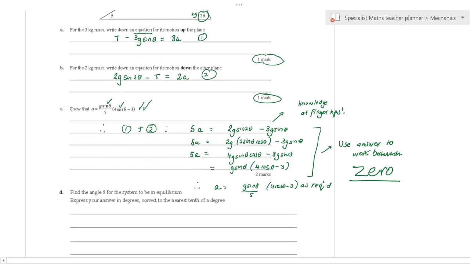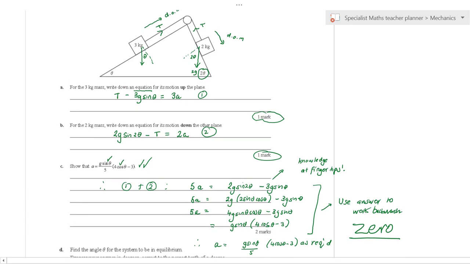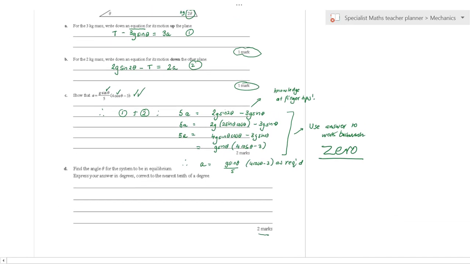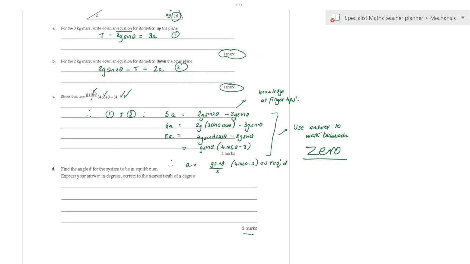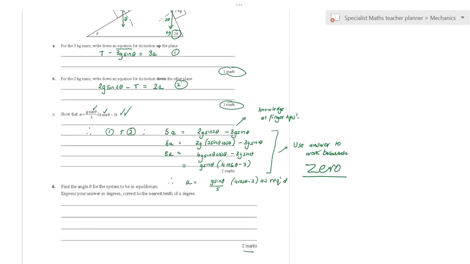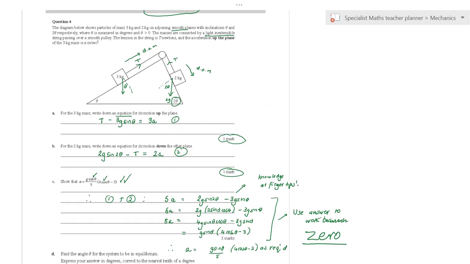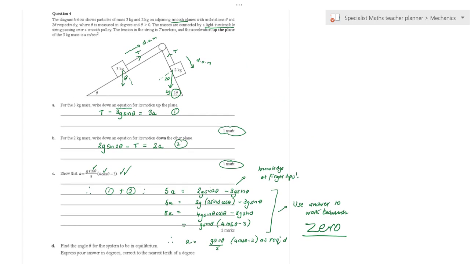So let's do this. For this to be in equilibrium, we have to ask for what angle theta the system is in equilibrium. Unfortunately, below we've been told that there's an acceleration.